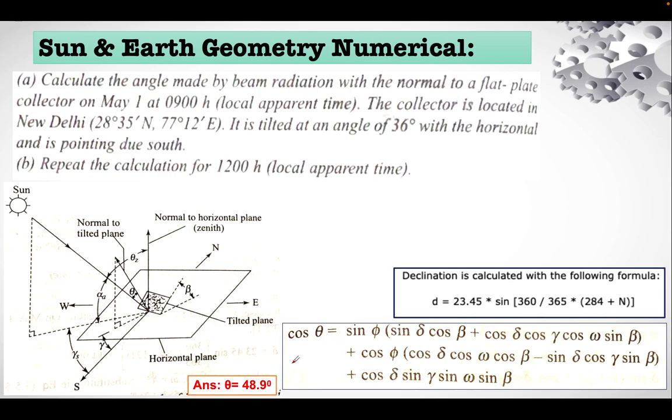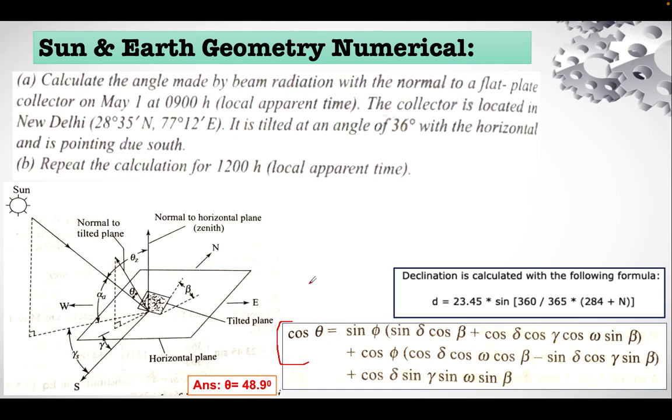Obviously, we have to use the basic formula of incident angle: cos theta is equal to sin phi sin delta cos beta plus cos delta cos gamma cos omega sin beta, bracket complete, plus cos phi cos delta cos omega cos beta minus sin delta cos phi sin beta, plus cos delta sin gamma sin omega sin beta. By using this formula, we can calculate the incident angle.